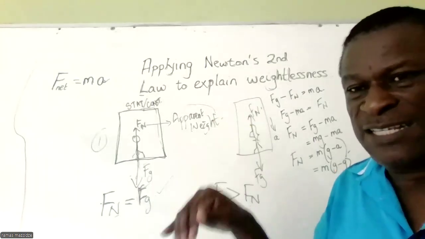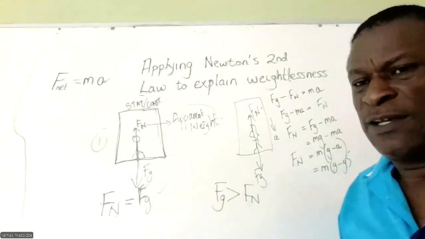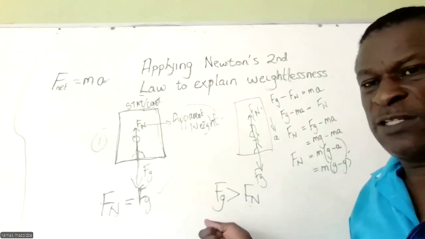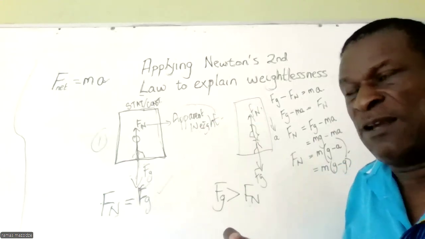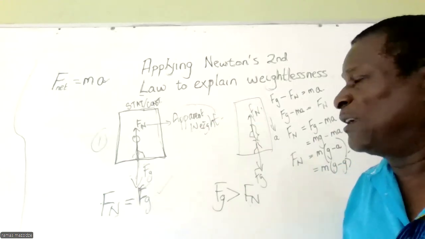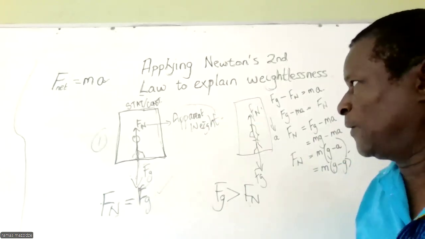So the guys inside the spacecraft, I'm sure you've seen pictures of them appearing to float. This is because of weightlessness. There's also centripetal force and therefore centripetal acceleration. But I think the Cambridge syllabus covers that bit in more detail.